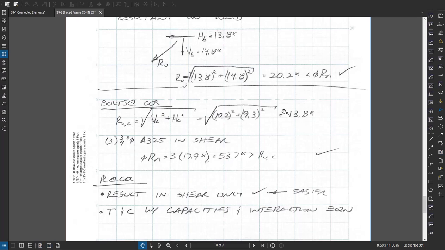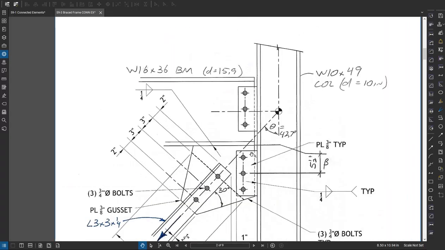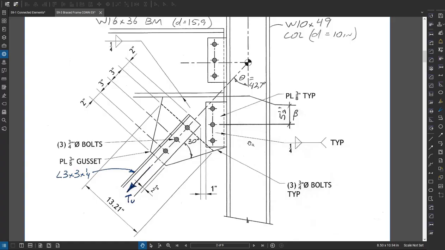And then the next interface I look at is this plate here, and there are 2 ways to do this. I could design this plate in tension for the horizontal component of force and that plate in shear, and then try to find some equation in the code that would give me the tension shear interaction.